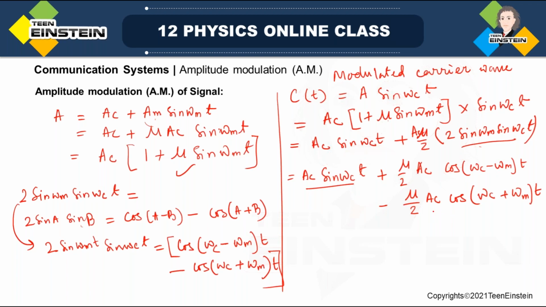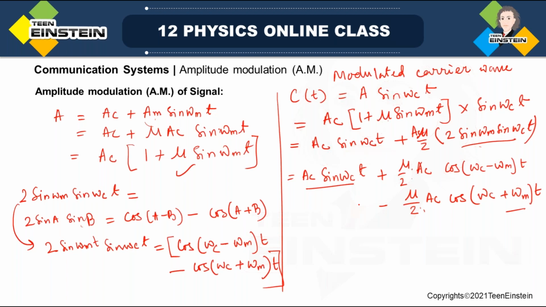And one more has the same amplitude, but the frequency is greater. So I am actually getting three signals out of two.